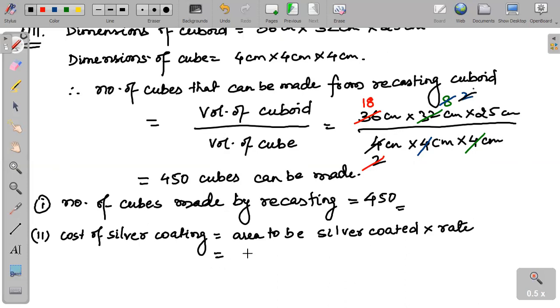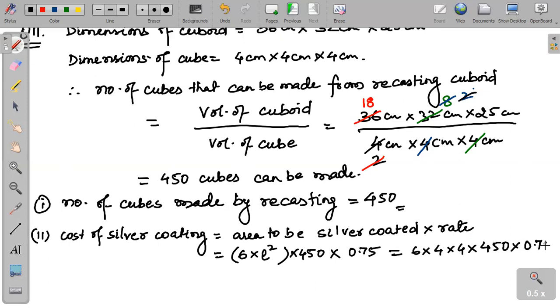That is 6 into L square into 450 into 0.75, that is equal to 6 into 4 into 4 into 450 into 0.75.